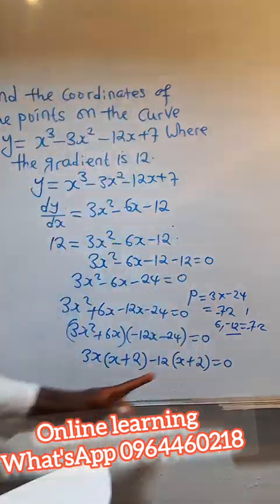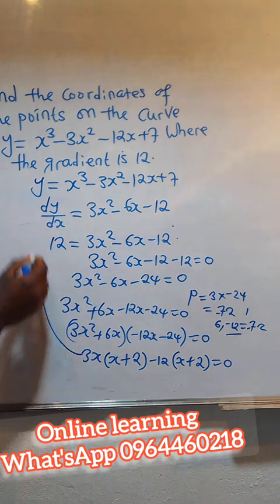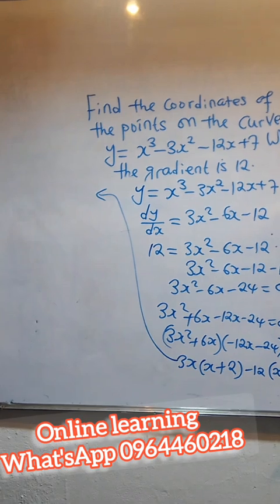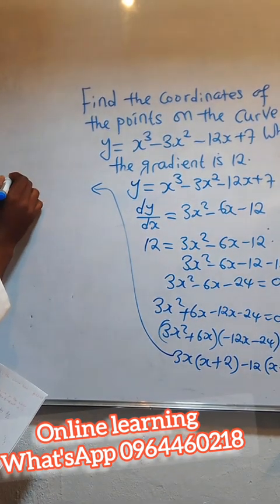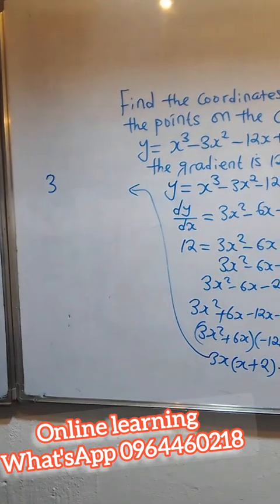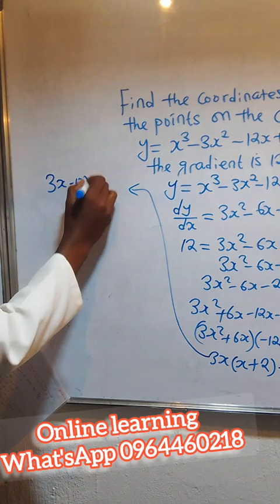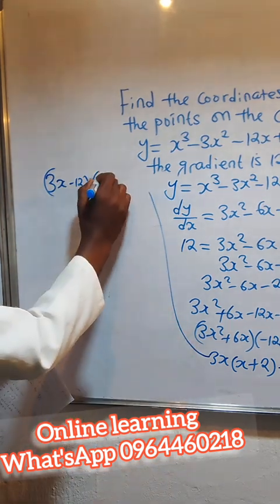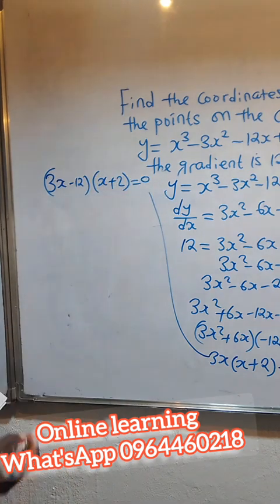So what you have now is just to rearrange them. So we have 3x minus 12, and then also this one inside, x plus 2, equals 0.